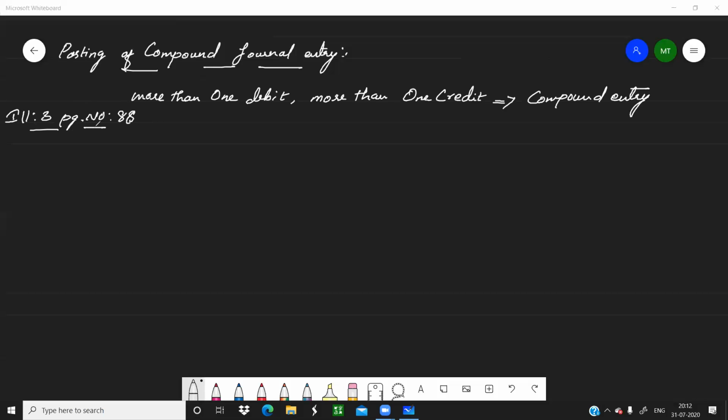On May 20, 2018, ROM paid salaries rupees 15,000, electricity charges rupees 8,000, and wages rupees 2,000. So you will prepare the journal entries, the journal entry in the books of ROM.